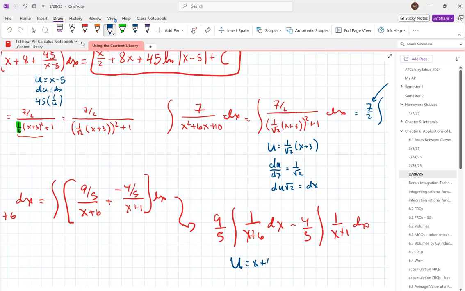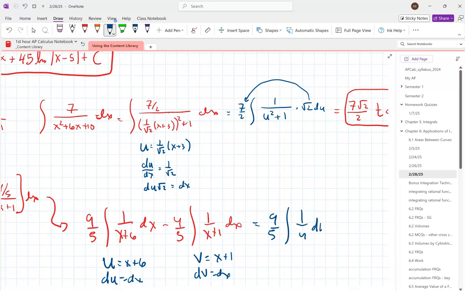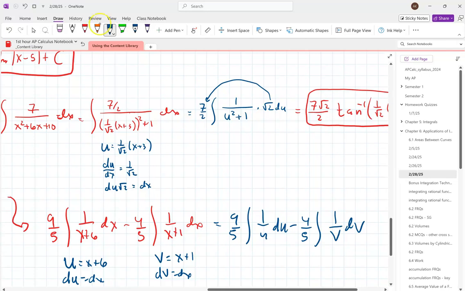Those are both going to be easy u subs. I'm going to use just a different letter. So I have 9/5 integral of 1 over u du minus 4/5 integral of 1 over v dv, and the antiderivative of those is just going to be the natural log.